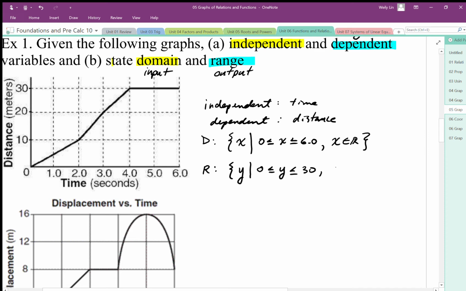And since it's continuous, we're going to say that y can take on all real numbers. So it can take on all the decimal values in between 0 and 30. So our independent and dependent: independent goes with domain, dependent goes with range.